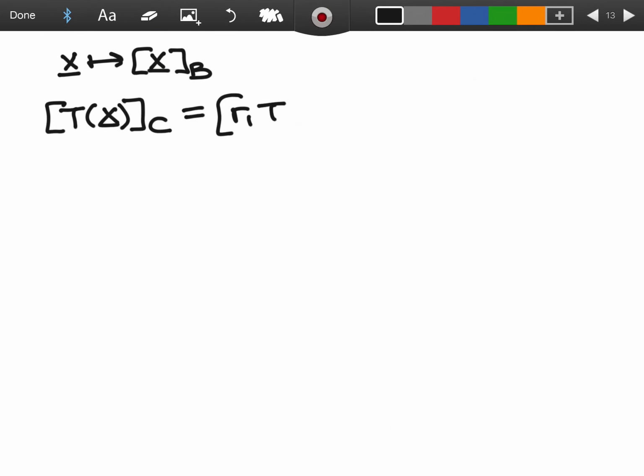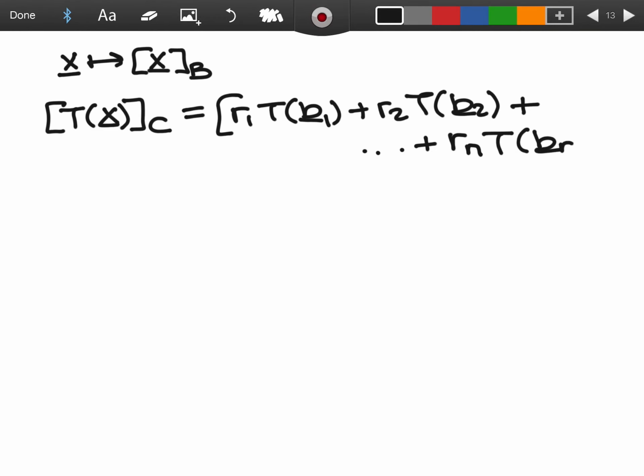I'm going to take what I've just found for T of X. I'll come back a step first: R1 T of B1 plus R2 T of B2 plus and so on, in terms of C. And as I said, it is linear, so I can break this up and again bring the constants out the front.